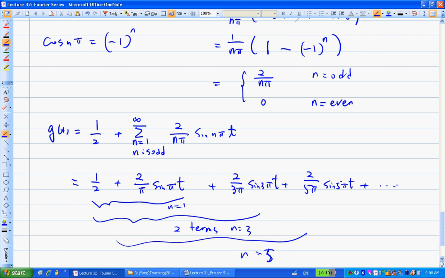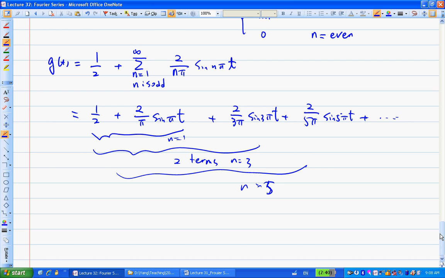Say 2 over pi, 2 over 3 pi, 2 over 5 pi. Which one is bigger? This one here, right? As n approaches a larger number, the coefficient approaches 0. So this coefficient essentially tells you the contribution of the corresponding frequency to the overall approximation. So this is essentially the idea of this.